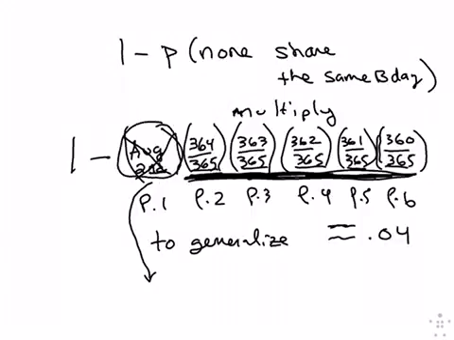Consider this first person: 365 out of 365, because there's a 100% chance that they have their own birthday. So just for pattern recognition, consider it like this. And 365 out of 365 is just 1. So you could consider this, multiplying 1 by all these decimals, since 1 times anything is itself.